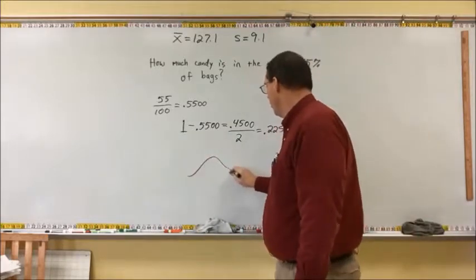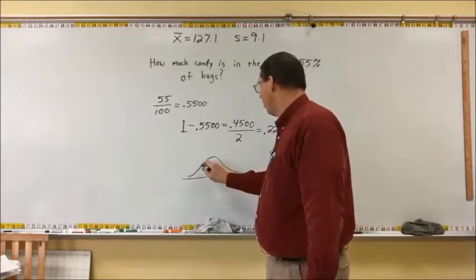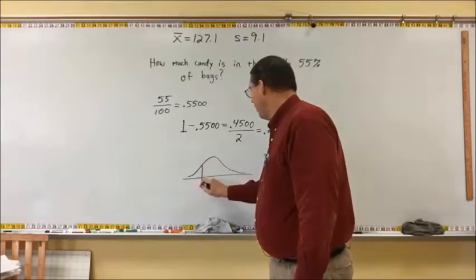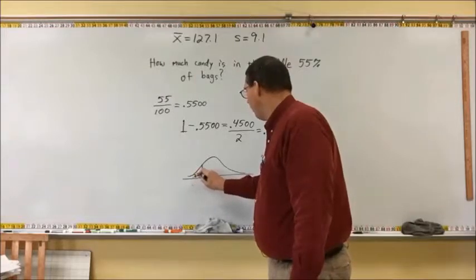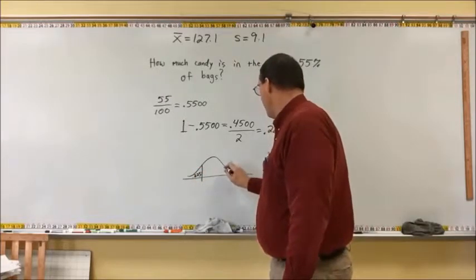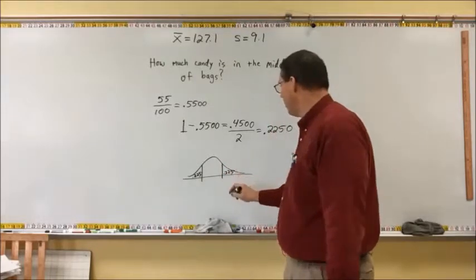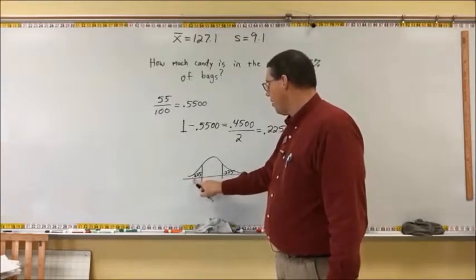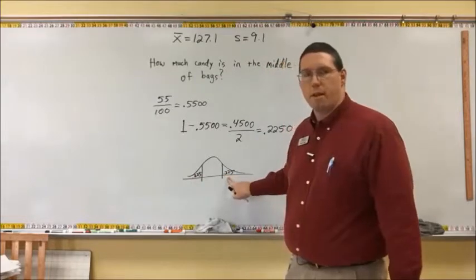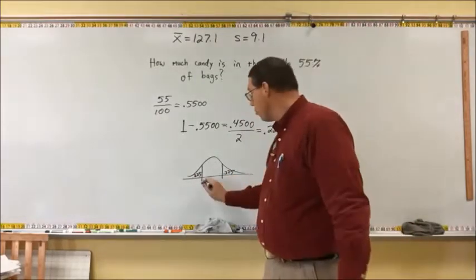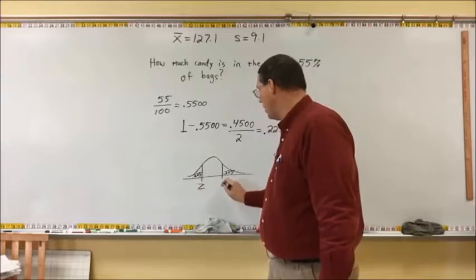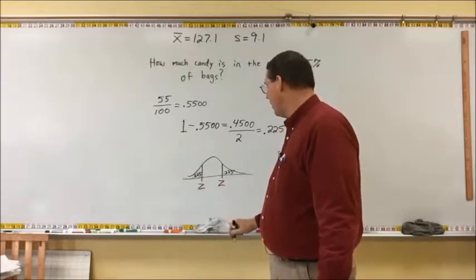So let me show you what it's going to look like on the distribution curve. You're going to have 0.225 over here, and you're going to have 0.225 over here. So the 22.5% here and 22.5% here, that's going to give us two z-scores. One z-score right here and another z-score right here.